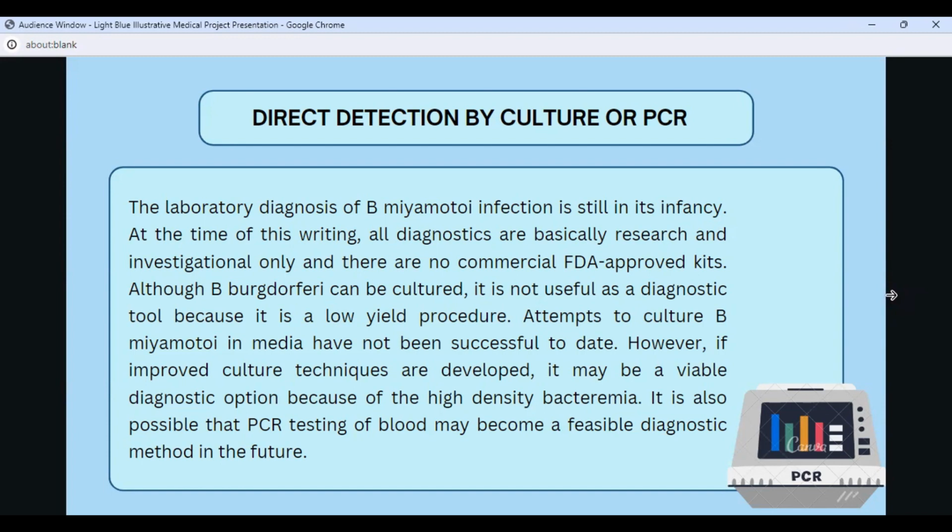Attempts to culture B. miyamotoi in media have not been successful to date. However, if improved culture techniques are developed, it may be a viable diagnostic option because of the high-density bacteremia. It is also possible that PCR testing of blood may become a feasible diagnostic method in the future.